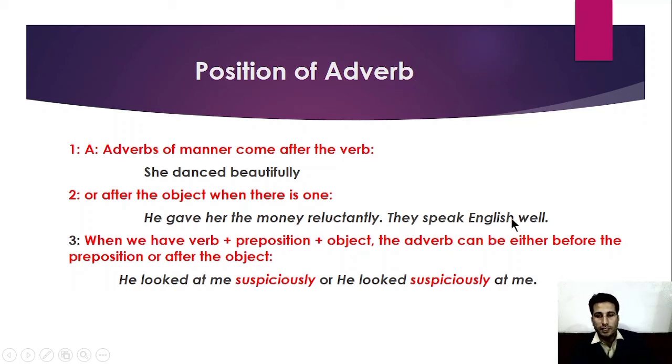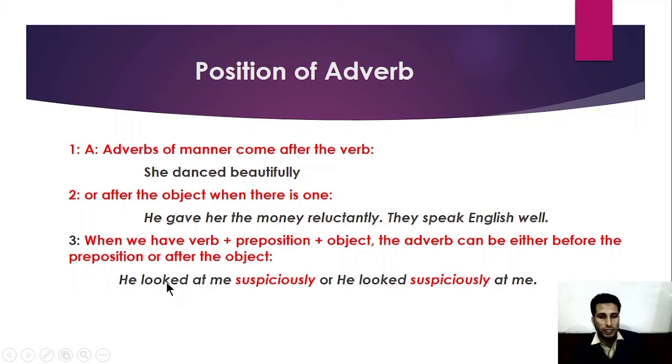They speak English well. So speak is the verb, English is the object, and well is the adverb of manner, so that is placed after the object. When we have verb plus preposition plus object, the adverb can be either before the preposition or after the object. Remember, if there is a preposition followed by an object, we can place the adverb before the preposition or after the object.